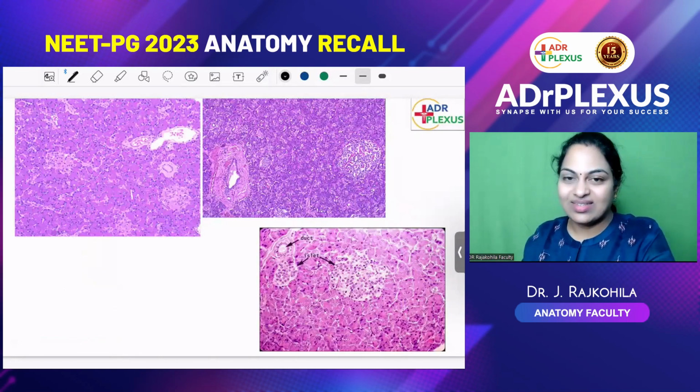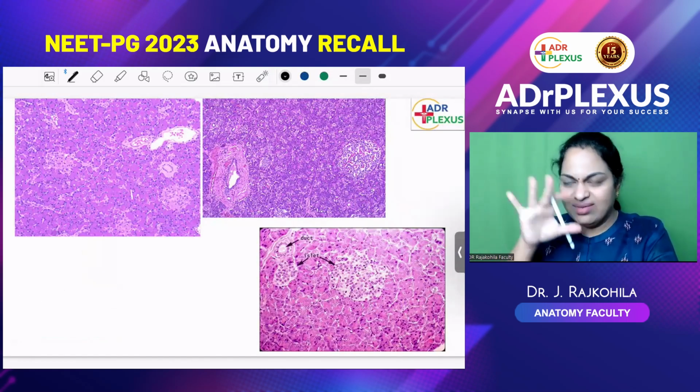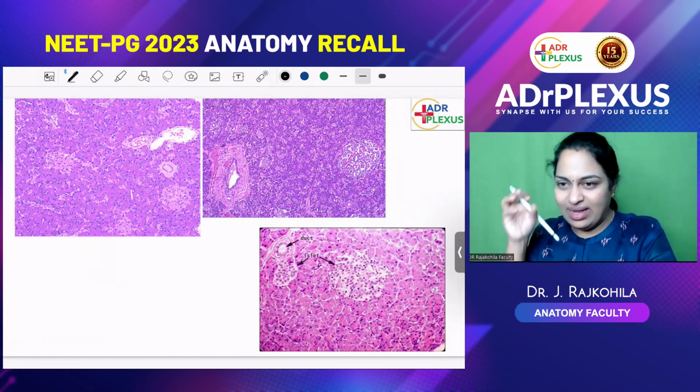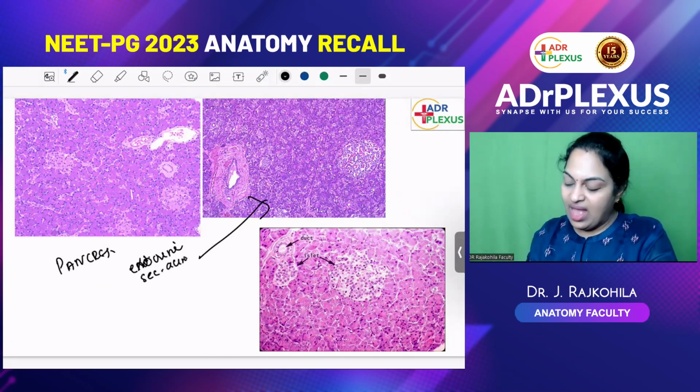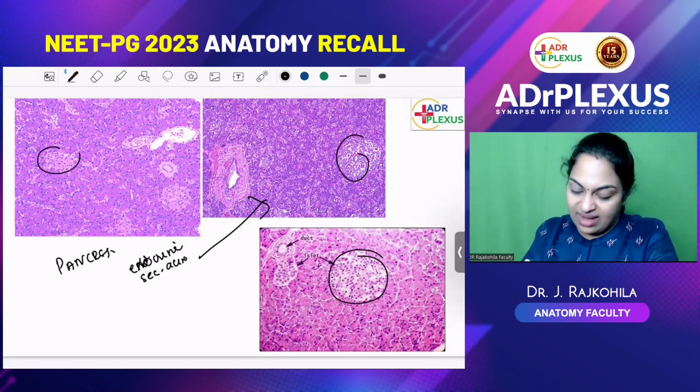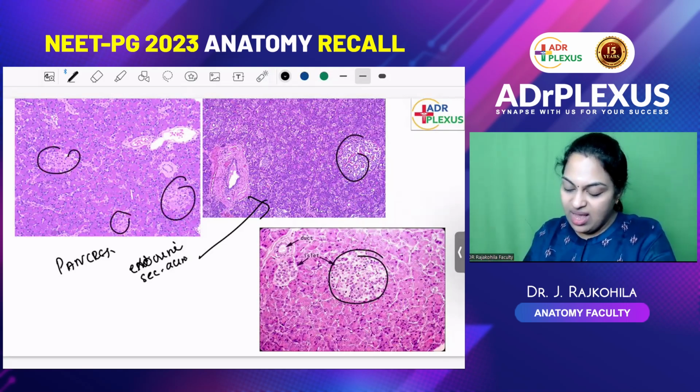What is this? You see darker staining areas and then you see lighter staining areas. Yeah, so this is the pancreas. In the pancreas, these darker staining areas are the exocrine part, the secretory acini. And here and there scattered, what you see here will be the islets, the endocrine part of the pancreas.